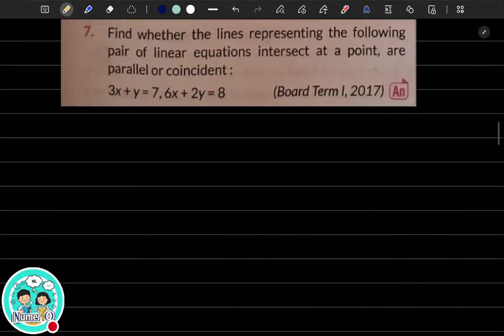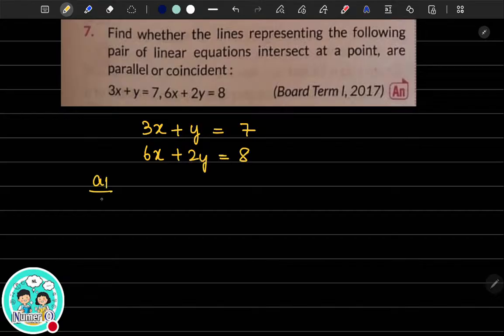The seventh question. You have to find whether the lines representing the following pair of linear equations intersect at a point, or are parallel, or coincide. How will you do it? First of all, let's write your equations. 3x plus y equal to 7, and 6x plus 2y equal to 8.